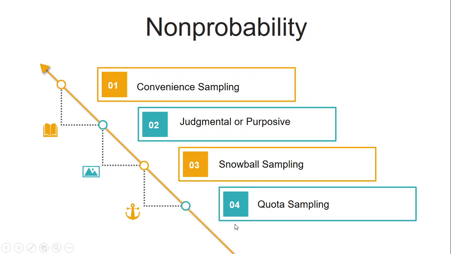Now we are talking mostly about non-probability sampling, where the sample units are selected from the population by a non-random procedure, as we mentioned before. It will be chosen by the researcher, and here are some techniques that we named: convenience, judgmental or purposive, snowball, and quota sampling. Non-probability sampling actually relies on the subjective judgment of the researcher. In probability sampling, the chances do not have to be equal for a method to be considered probability sampling.